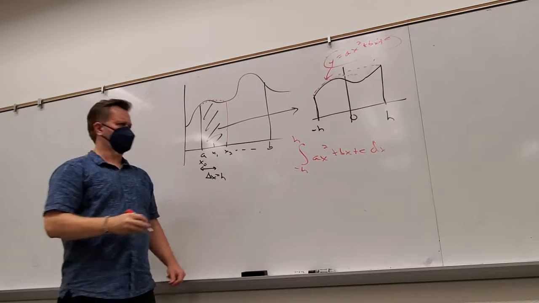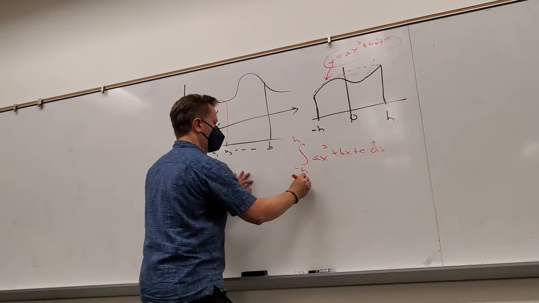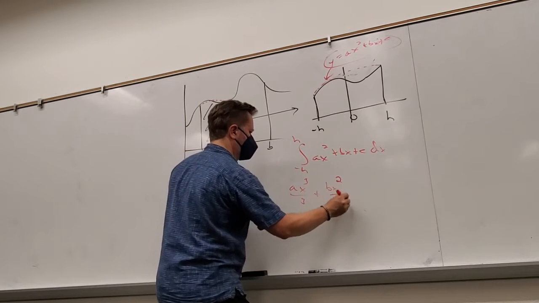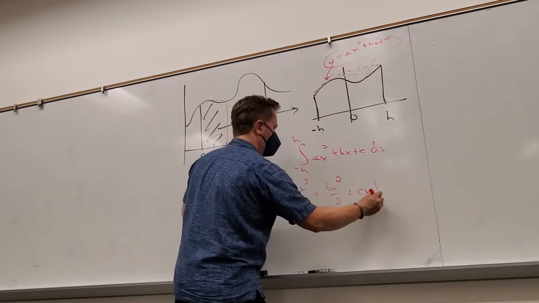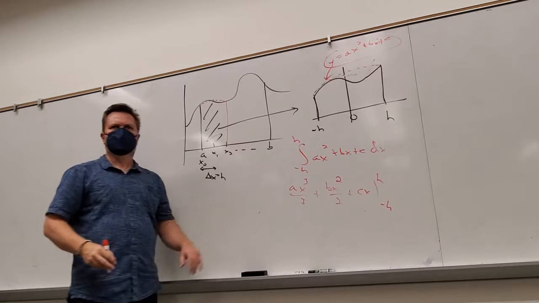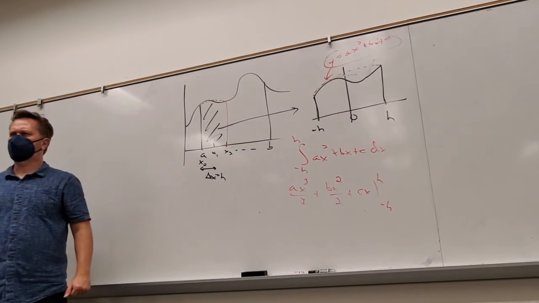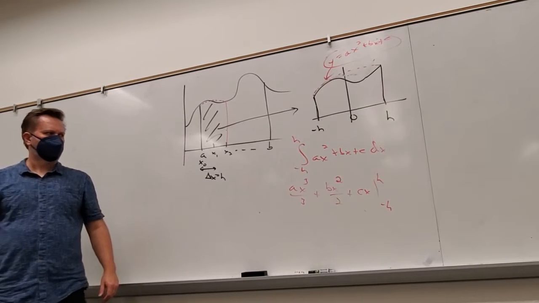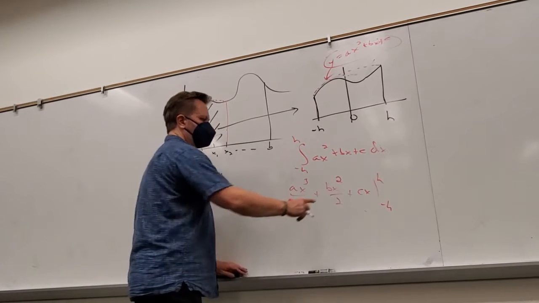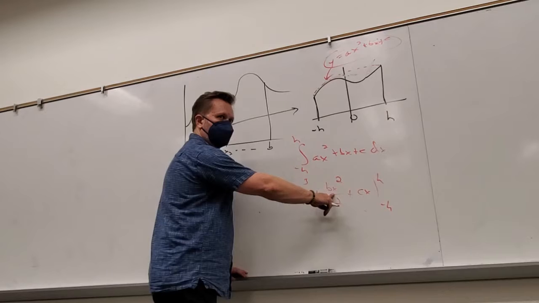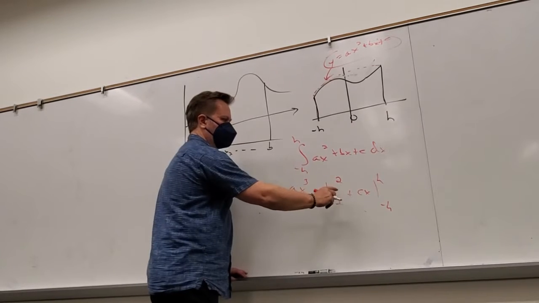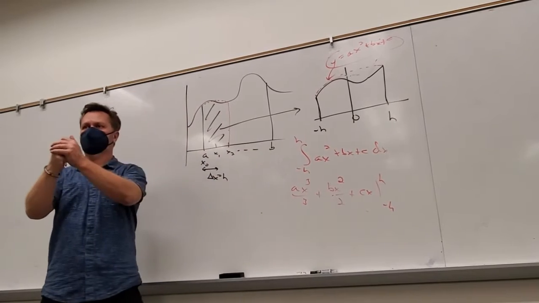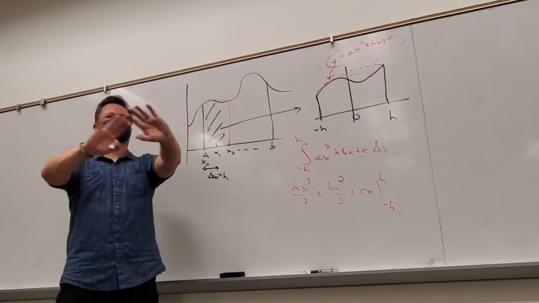So it'll be ax cubed over 3 plus bx squared over 2 plus cx, evaluated from negative h to h. So notice something, this guy's going to disappear, because when I plug in h and negative h, it's the same, and I'm going to take a difference. So let's see that happen. Let's plug stuff in.